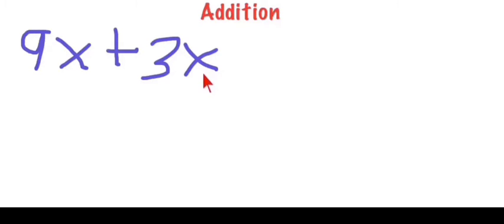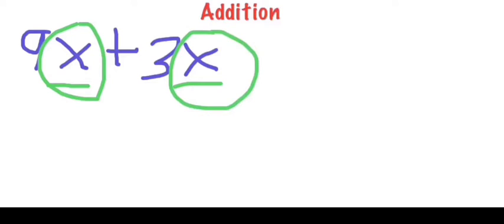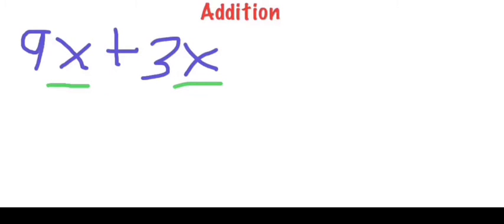For example, if the question is 9x plus 3x, the thing you have to make sure is that in both terms the variable is the same. I am adding two algebraic terms here, so both of the algebraic terms should have the same variable. You can see that this is x, and this is also x. So now I can add the numerical coefficients.